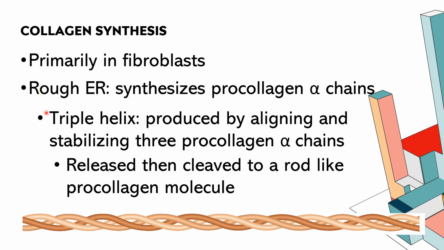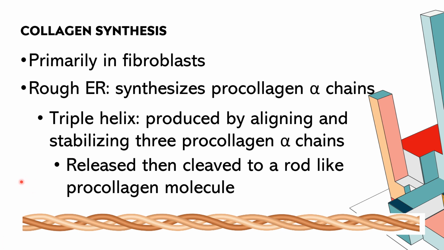The rough endoplasmic reticulum synthesizes pro-collagen alpha chains. Now it's not actually the rough endoplasmic reticulum, but the ribosomes attached to the rough endoplasmic reticulum that are responsible for synthesizing pro-collagen alpha chains.